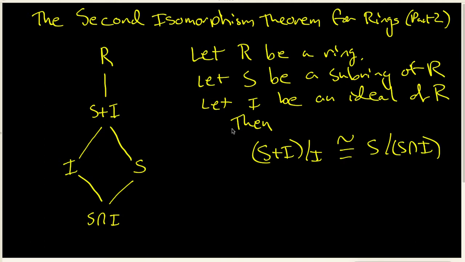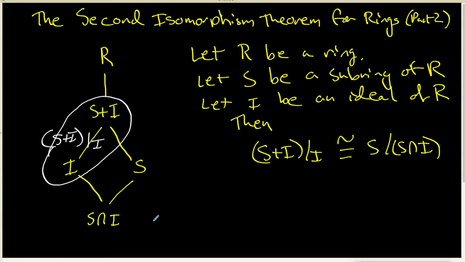In this video, we continue looking at the proof of the second isomorphism theorem for rings. In the previous video, we found out that I was an ideal in the subring S plus I, and as a consequence, the quotient ring for this side of the diamond, which is S plus I mod I, is well defined.